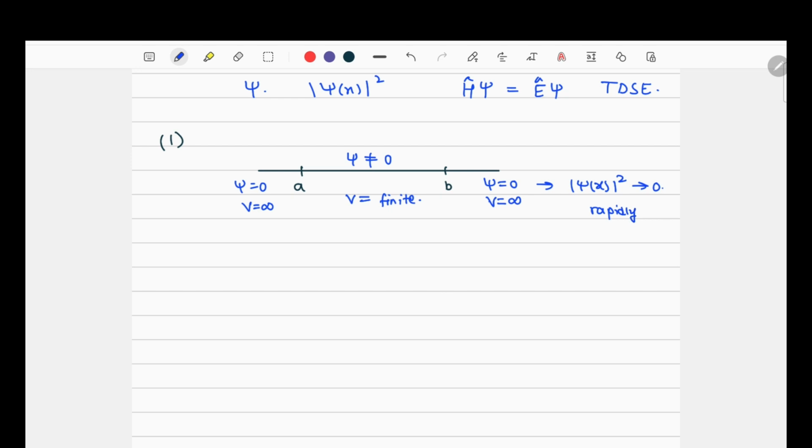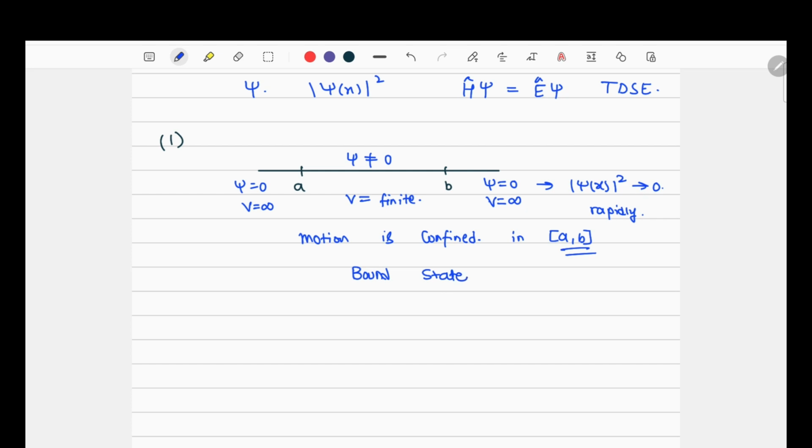Therefore we can say that this motion of the particle is confined in the AB range. So if this is confined in the AB range, you have a confined motion, you have a bound state.